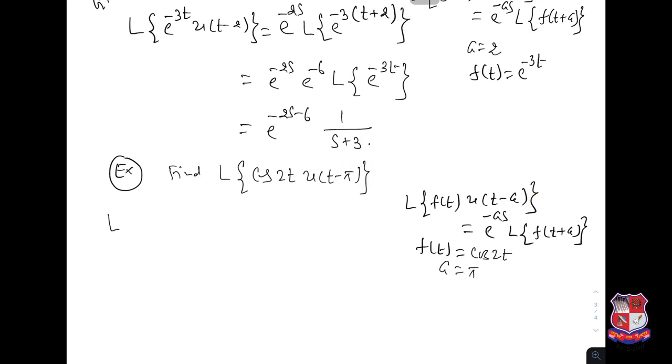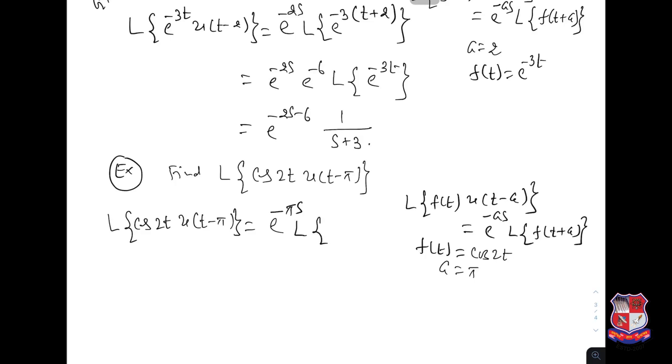So Laplace transformation of cosine 2t u of t minus pi equal to e power minus as. A is pi, so that is nothing but e power minus pi s. And Laplace transformation of f of t plus a.